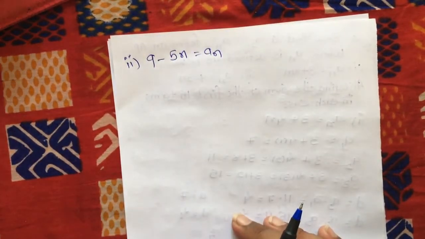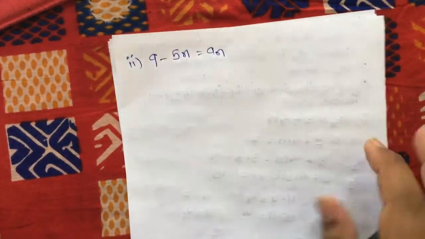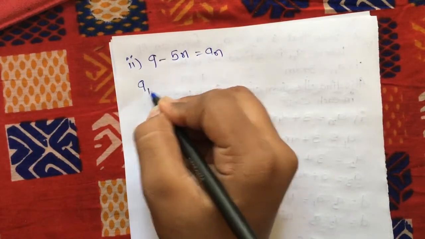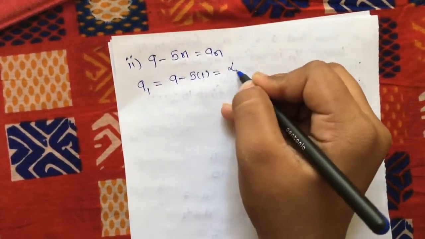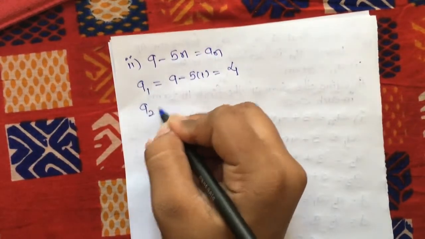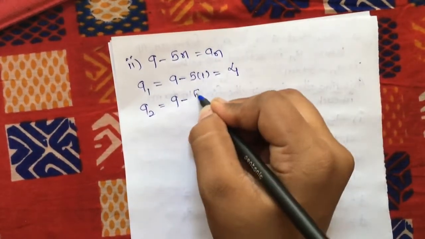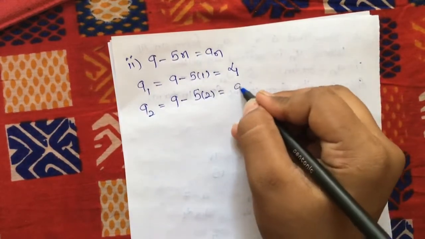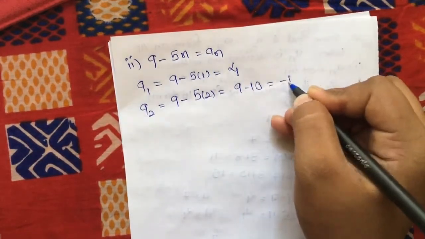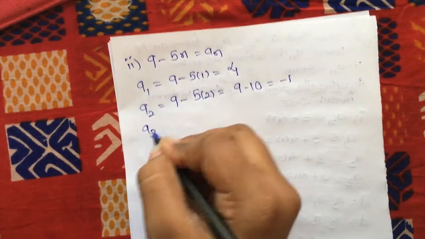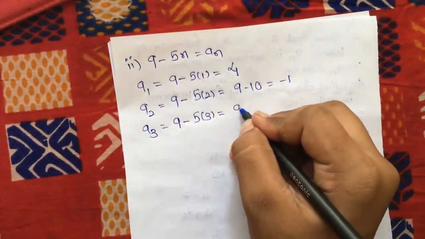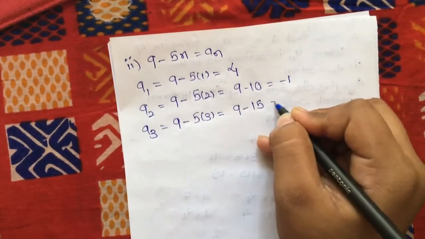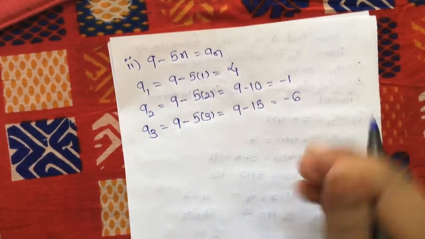So let's just have, first of all we have to find the values. a1 is equals to 9 minus 5 into 1, which is 9 minus 5, 4. a2 is equals to 9 minus 5 into 2, that is 9 minus 10, so the value will be minus 1. a3 is equals to 9 minus 5 into 3, which is equals to 9 minus 15, which is minus 6.